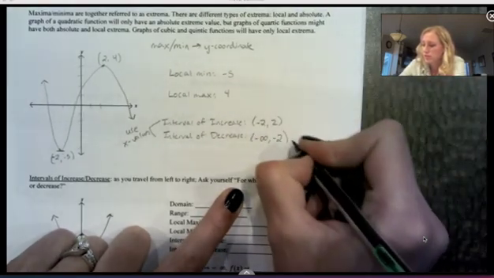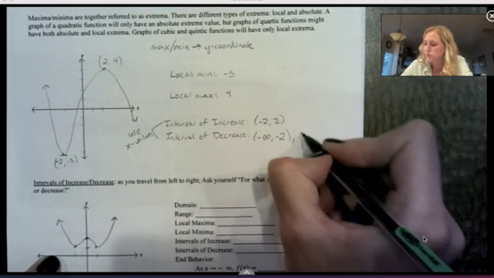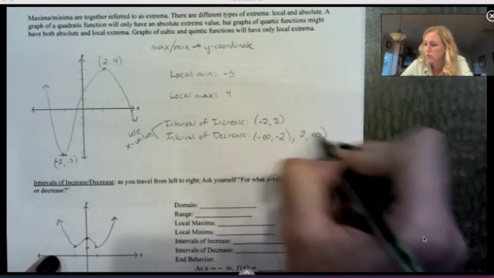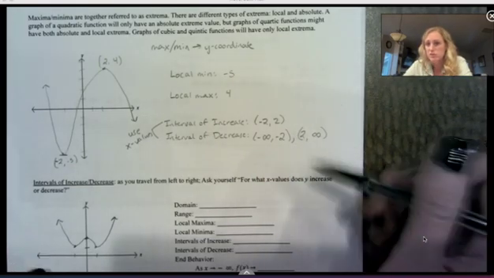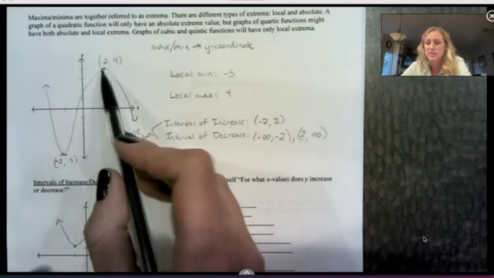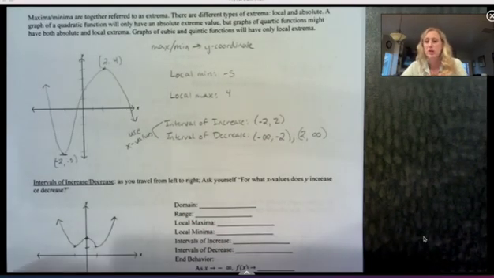It is decreasing here, and it's decreasing again from 2 on, so that's from 2 to +infinity. So we always use parentheses, and we only use x values. The reason we don't include those values is because that's the point where it's actually changing from increasing to decreasing, so it's neither. So we don't include it in either interval.